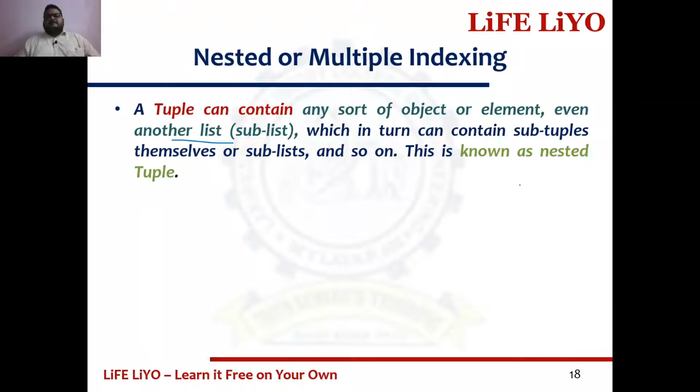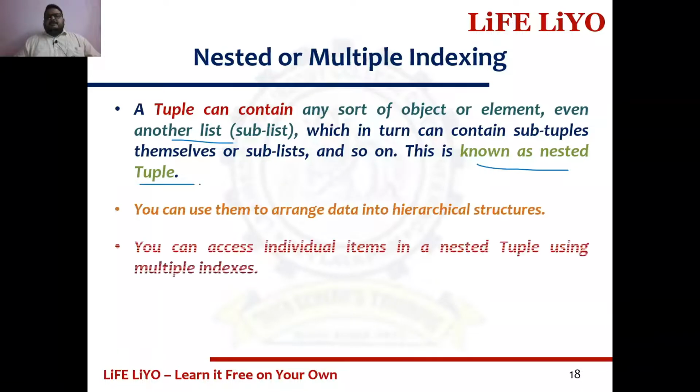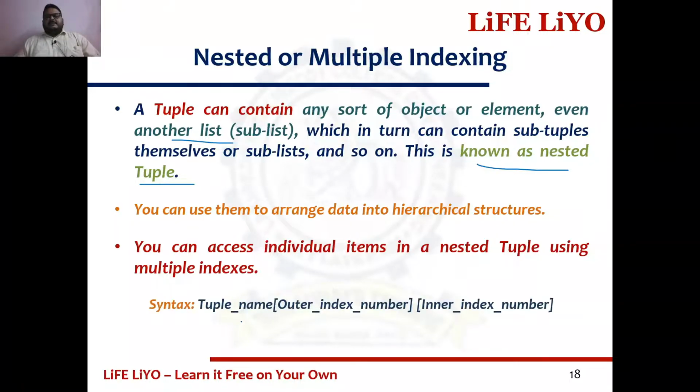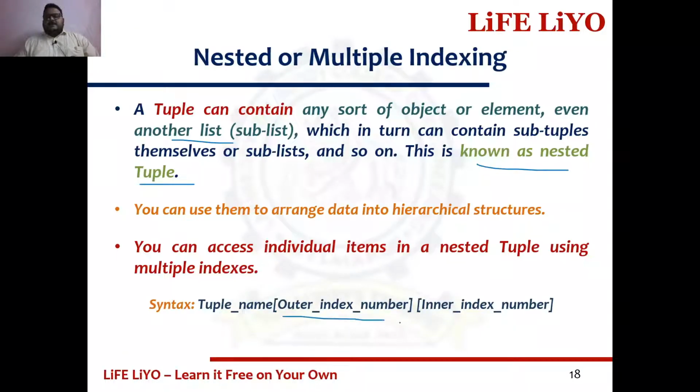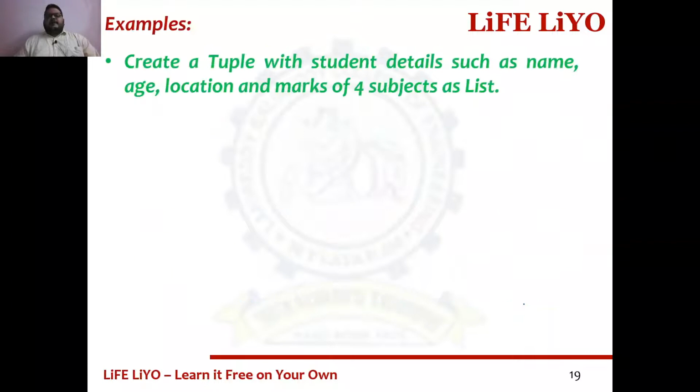So they are known as nested tuples. We can access individual items in the nested tuple using multiple indexes. That is the tuple name and then the position of the entire list or tuple, then the element index number, that is outer index number, inner index number.